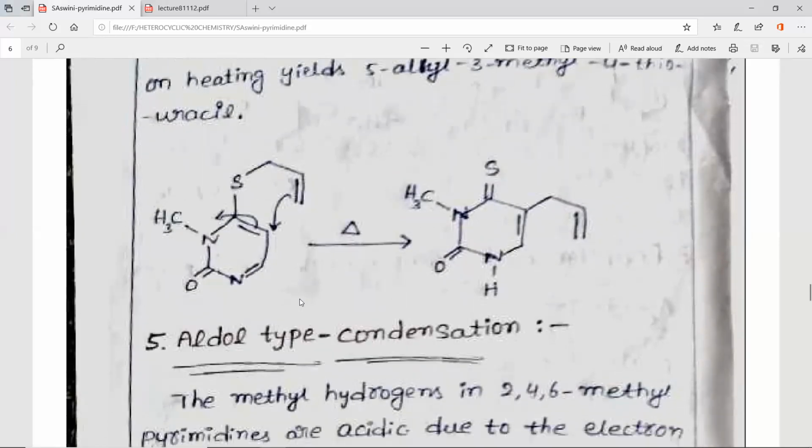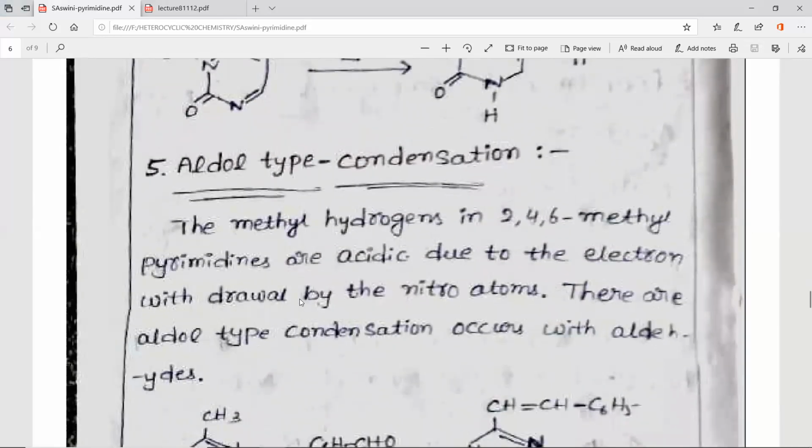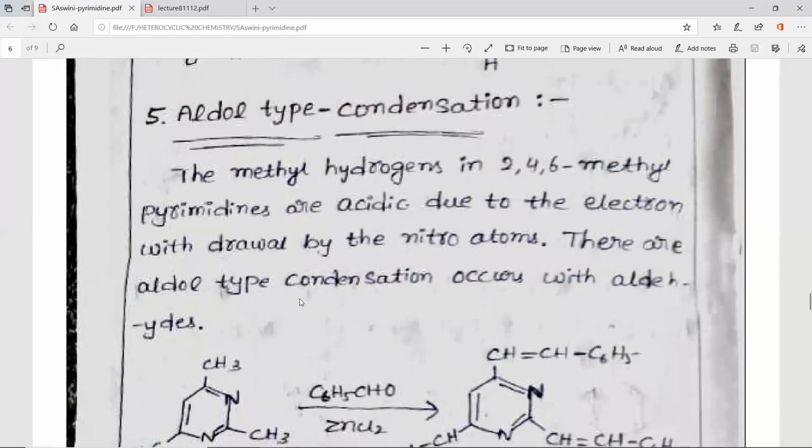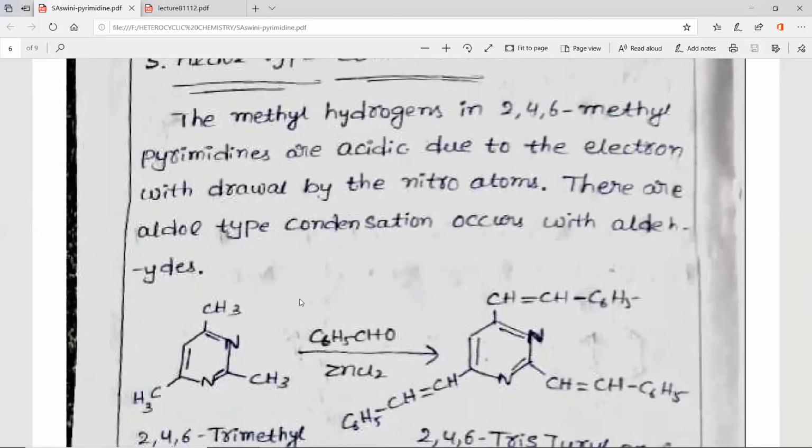So aldol type of condensation. The methyl groups present in the pyrimidine ring system may undergo condensation reaction with aldehydes. So methyl hydrogens in 2,4,6-methyl pyrimidines are acidic in nature due to the electron withdrawing effect of the nitrogen atoms.